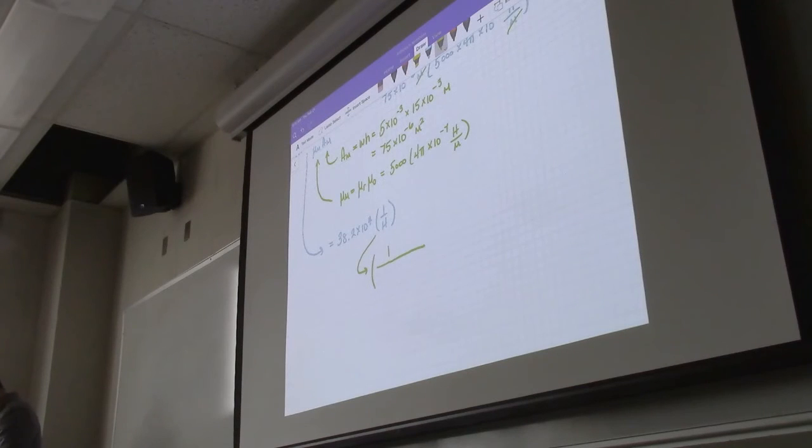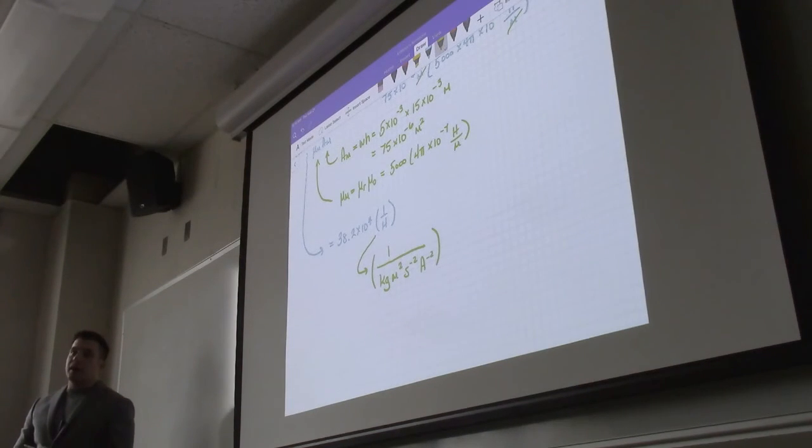So this is equal to 1 over kilogram times meter squared, seconds to the negative 2, amps to the negative 2. That's if you just take the definition of a Henry and percolate it all the way back, substituting to the core.